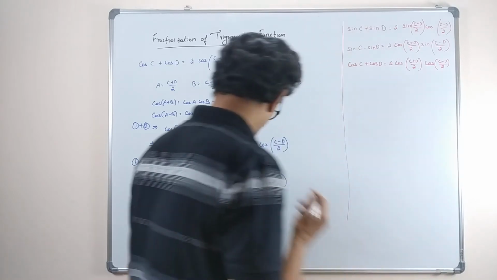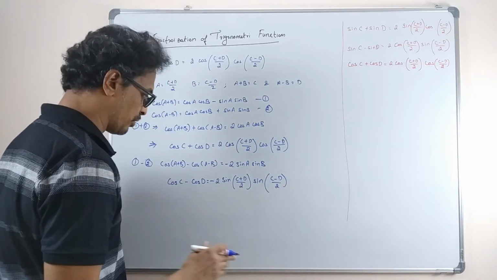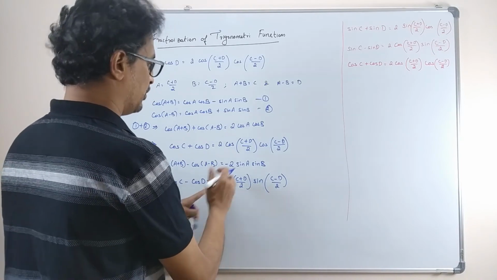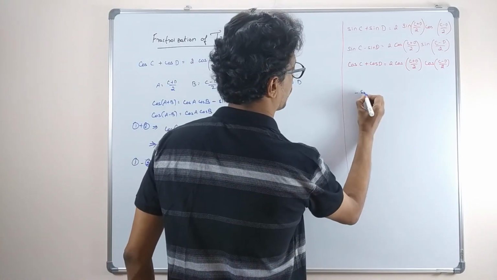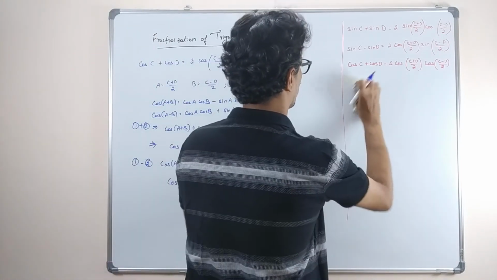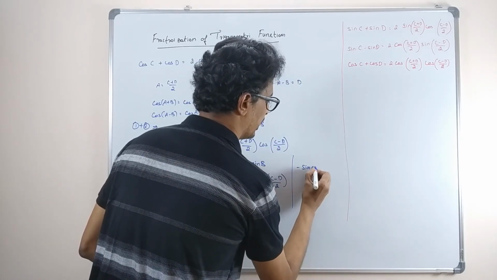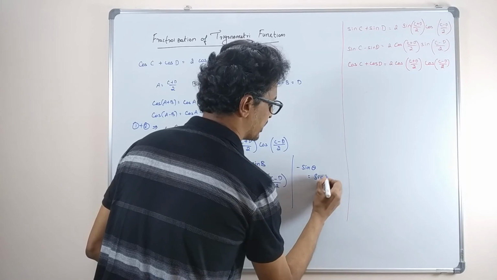In your book, what they have done is they have taken the minus sign inside. You can always write minus of sine theta as sine of minus theta.